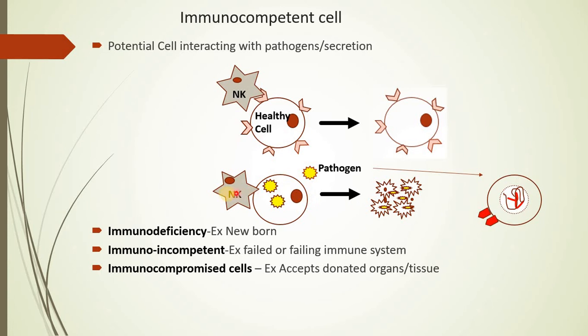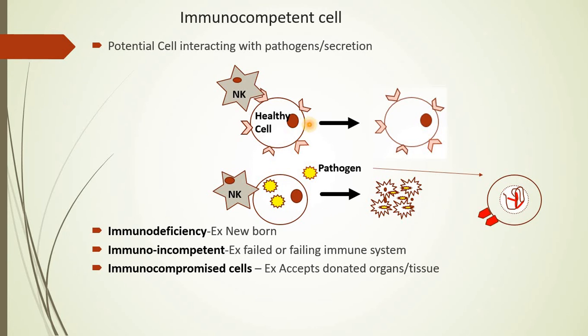As a result, once again, the natural killer cell will identify this cell as an infected cell, and it will bring about the lytic action, or you can say it will cause fragmentation. Hence, we can say that this way the immunocompetent cell provides immunity or helps in the development of immunity.